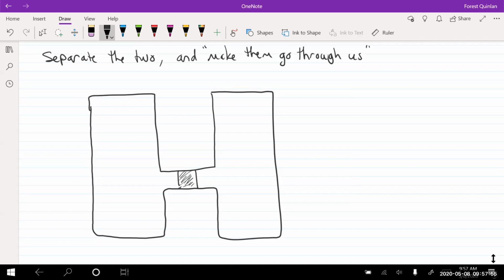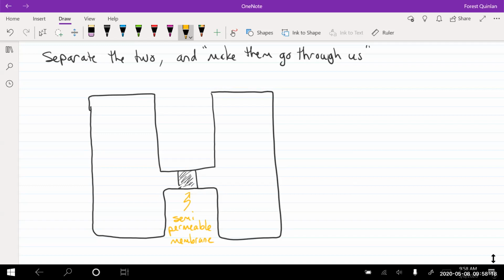This right here is a semi-permeable membrane. That means things can get through, just not very easily.